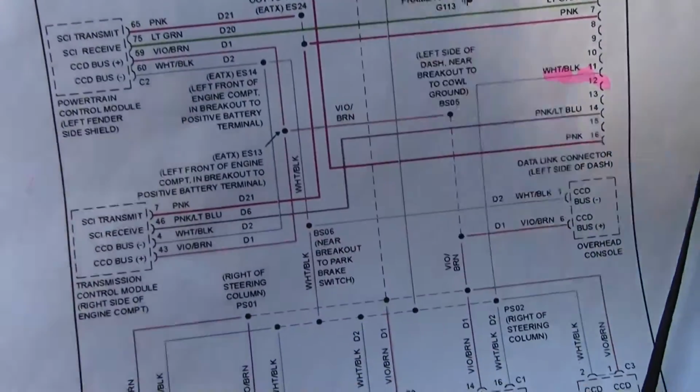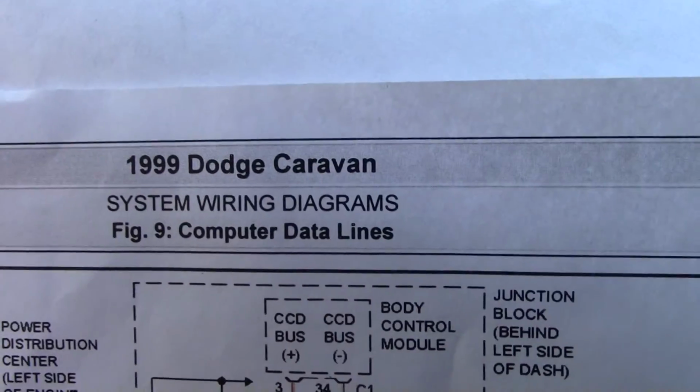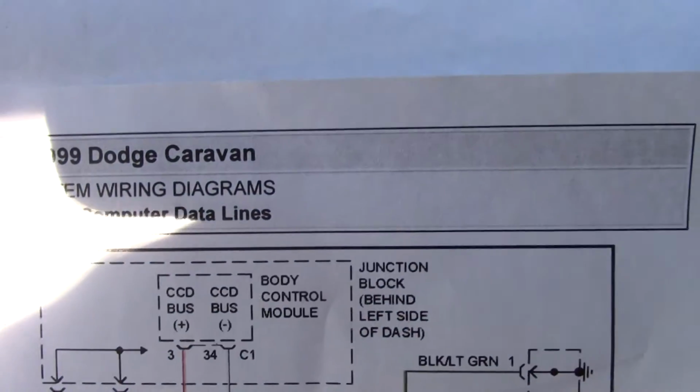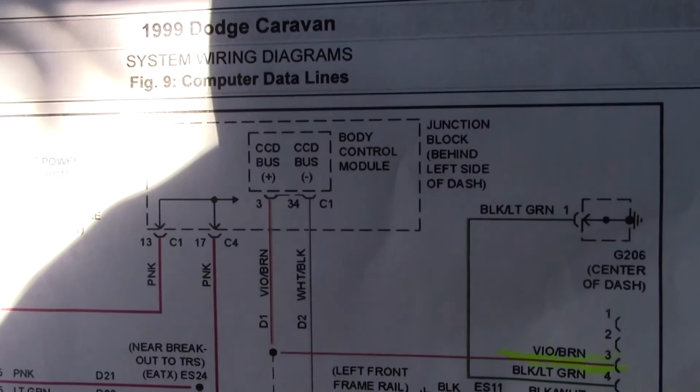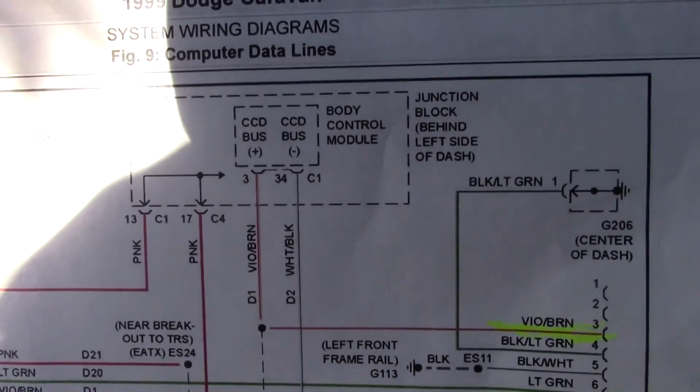So we have like 9 computers hooked up to this. Yeah, there are 9. So I can see here 9 computers on the data lines.